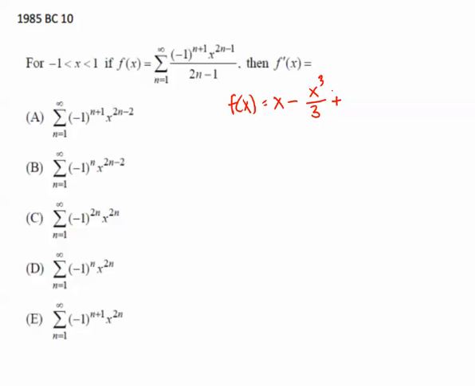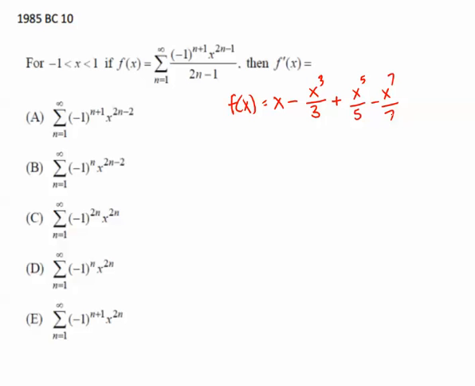And then for when n is equal to 3, you're now going to get a positive and even powered term, so it will be positive, and you're going to get x to the fifth over 5, etc. I think we can see where that's going.